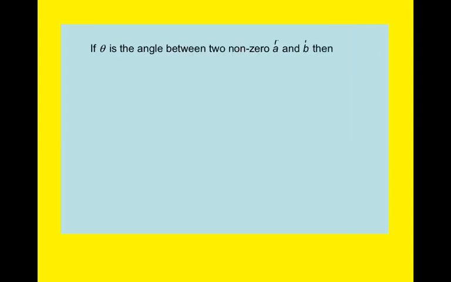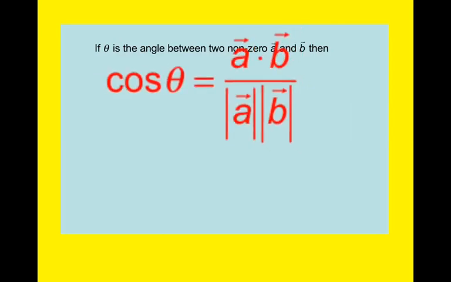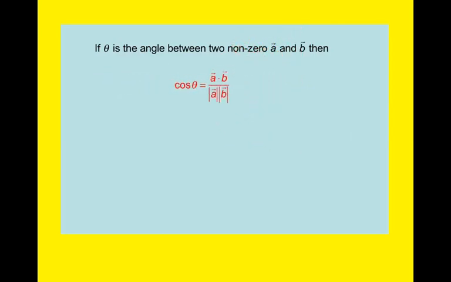Now that's useful because if I want to find the angle between two non-zero vectors A and B, then I can find it by knowing that cos theta is equal to A dot B divided by the magnitude of A times the magnitude of B, and this is what you need to be able to do.